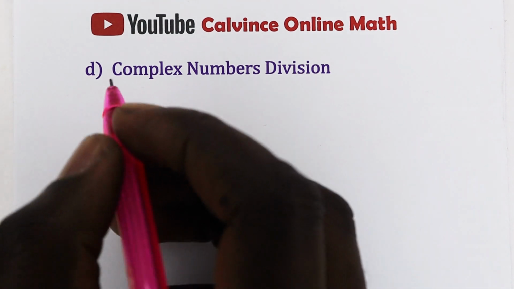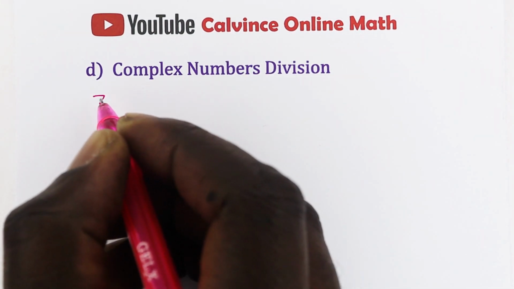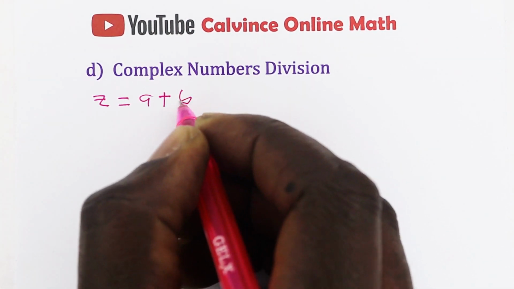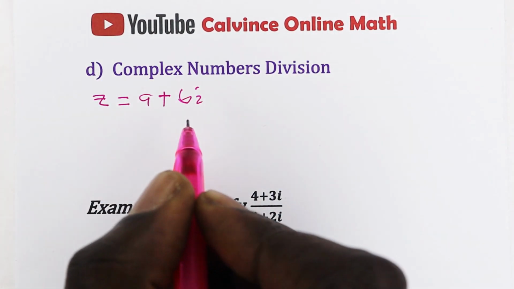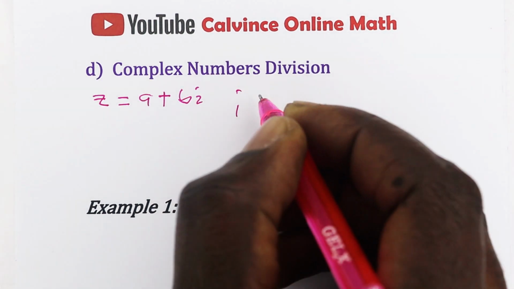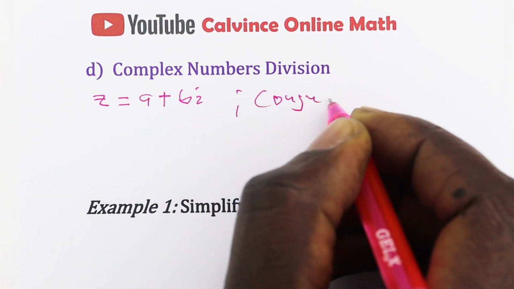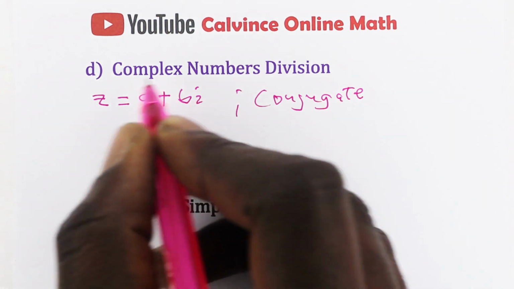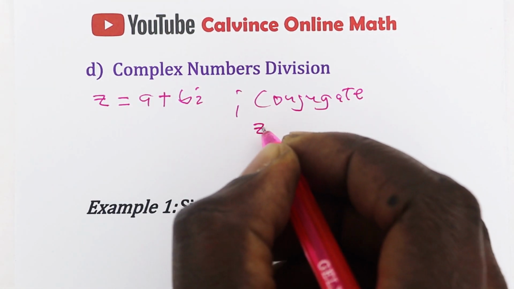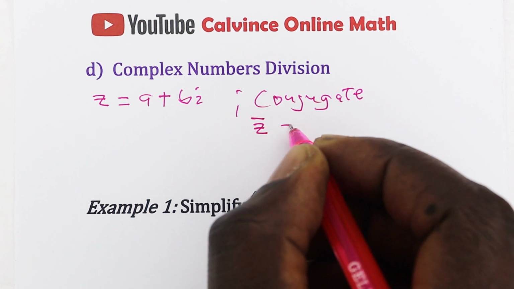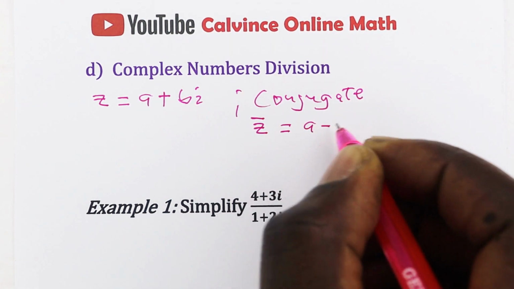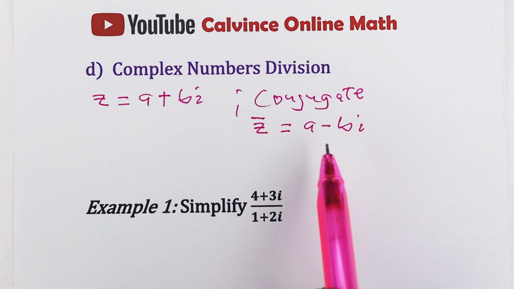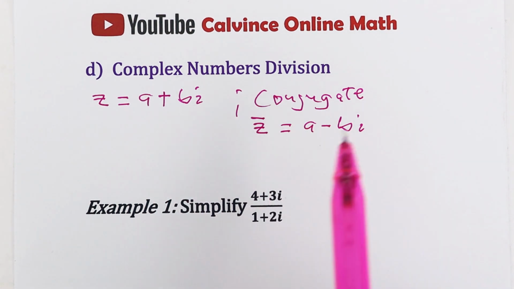So if you have a complex number, let's say z, given by a plus bi, where you have the real part and the imaginary part, then the conjugate of that particular complex number, denoted by z bar, is the same as a minus bi. So if there is a plus, then the conjugate has a minus, and vice versa.